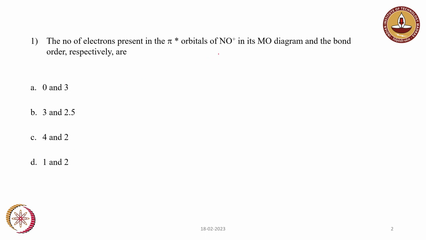So here we are given NO+ which has two different atoms, nitrogen and oxygen, and in nitrogen there are 5 valence electrons, and for oxygen there will be 6, but since there is a positive charge, the total valence electrons will be 10.